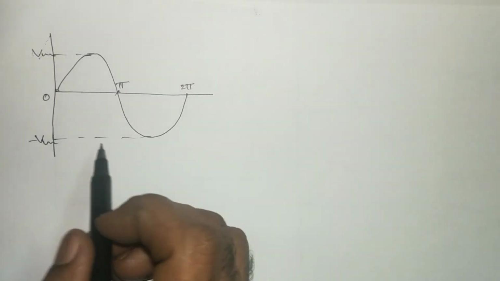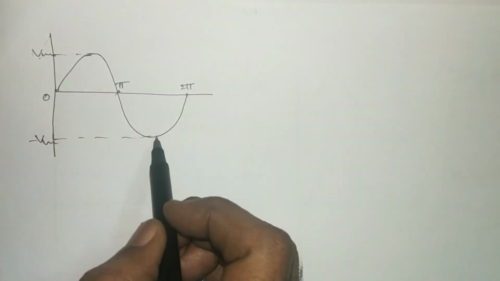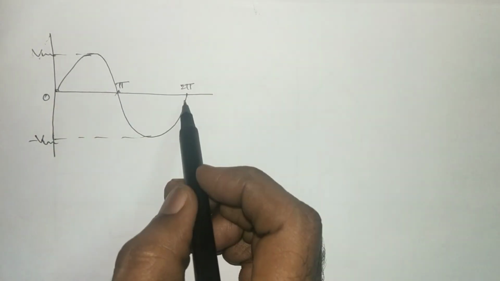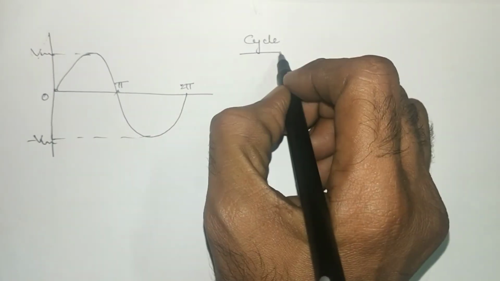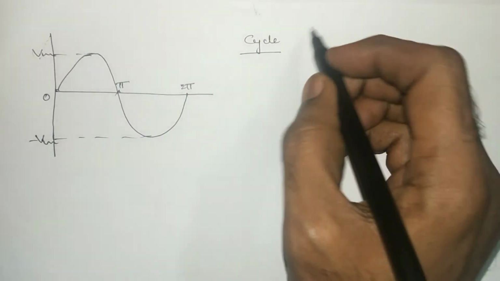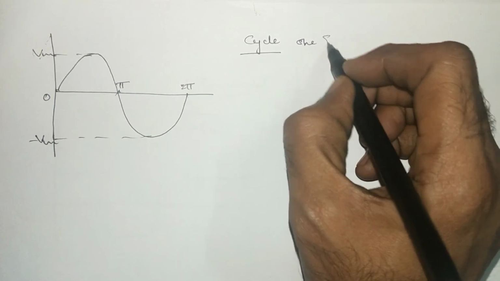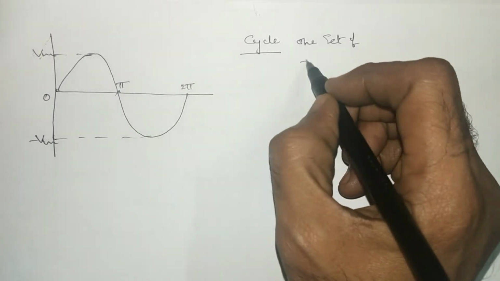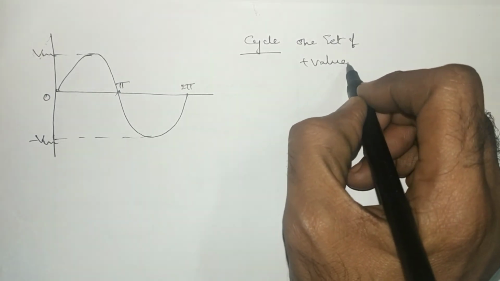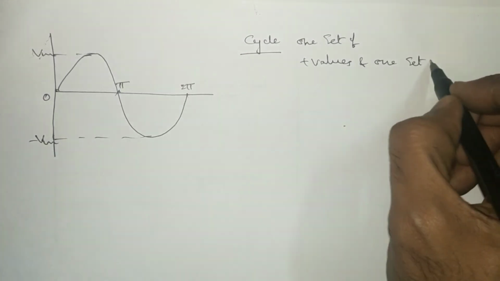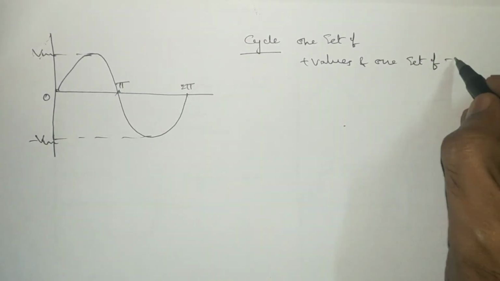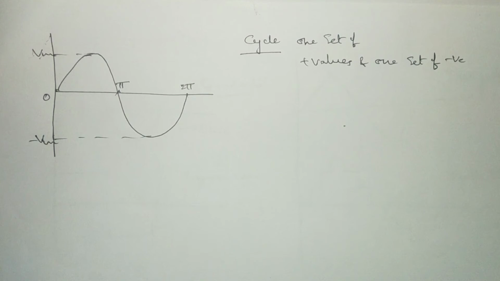Now, one set of positive values and one set of negative values is considered as a cycle.